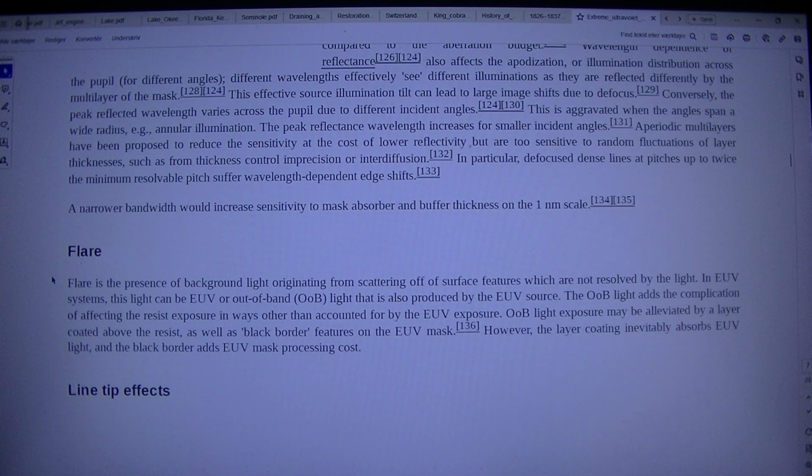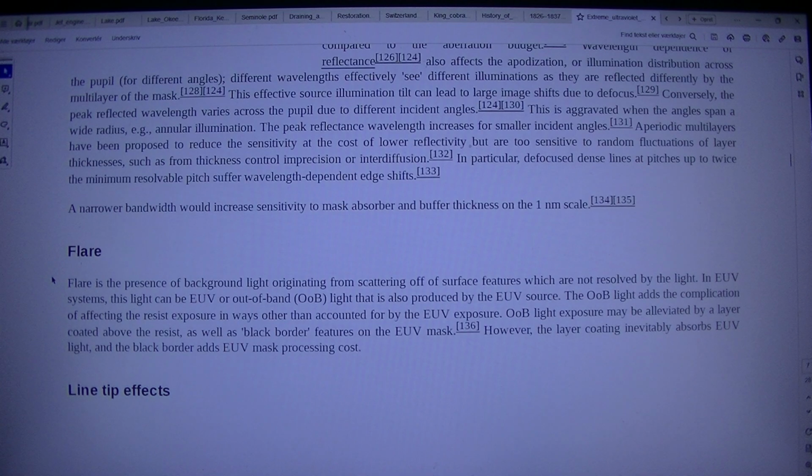The OOB light adds the complication of affecting the resist exposure in ways other than accounted for by the EUV exposure. OOB light exposure may be alleviated by a layer coated above the resist, as well as black border features on the EUV mask. 136. However, the layer coating inevitably absorbs EUV light, and the black border adds EUV mask processing cost.